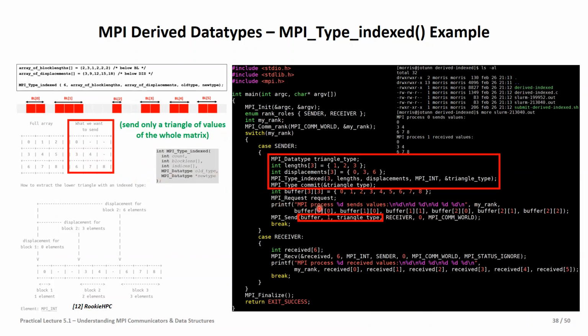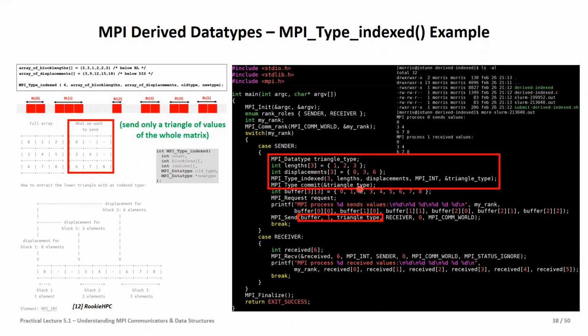So this is explicit; I do this manually. But here, when I send it in the buffer, I just point to the buffer and say it's one of the triangle type. So that means for my memory layout, I expect exactly what I defined here to find in my displacements.